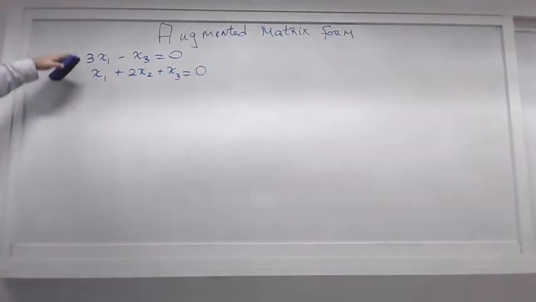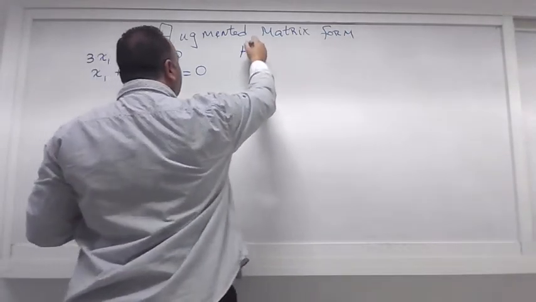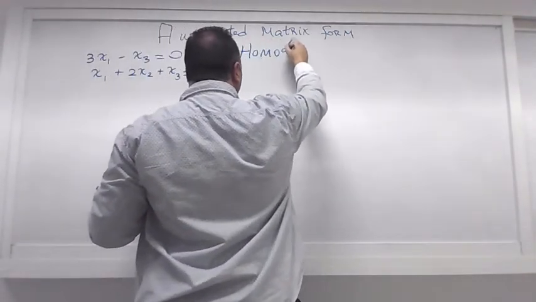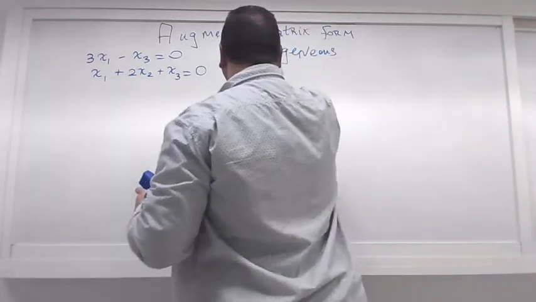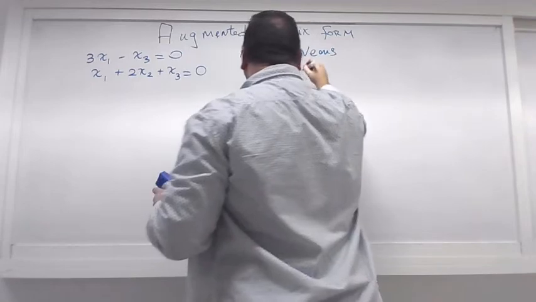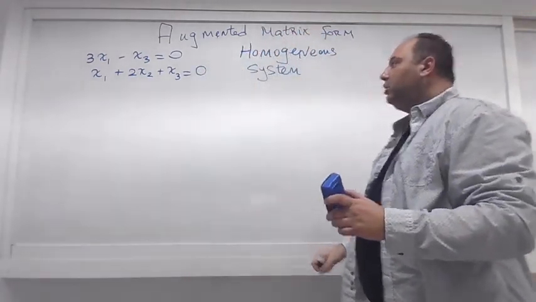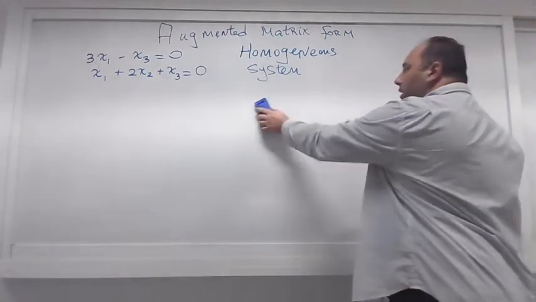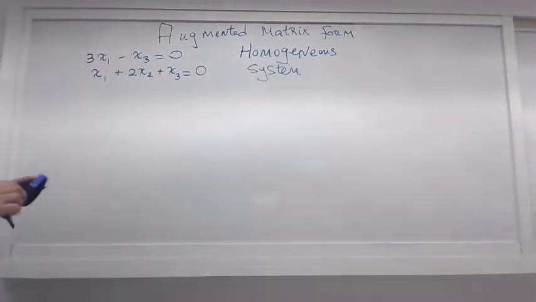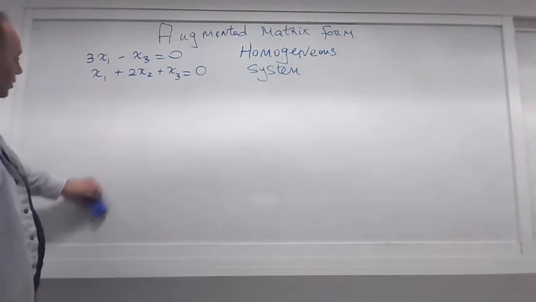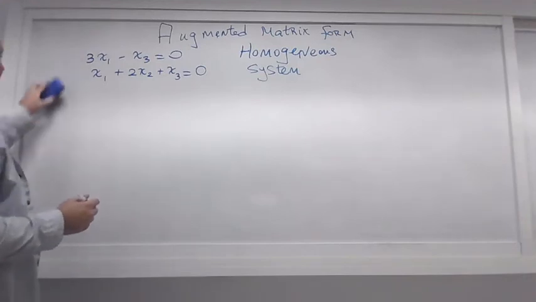This system has 2 equations and 3 unknowns, and it is a homogeneous system. Why homogeneous? Well, both equations are equal to 0. That's the definition of a homogeneous system: when the right hand side member has only zeros inside. Very quickly this will be useful. That's why we introduce these names.